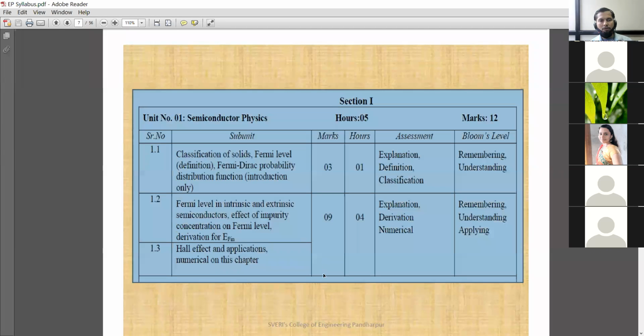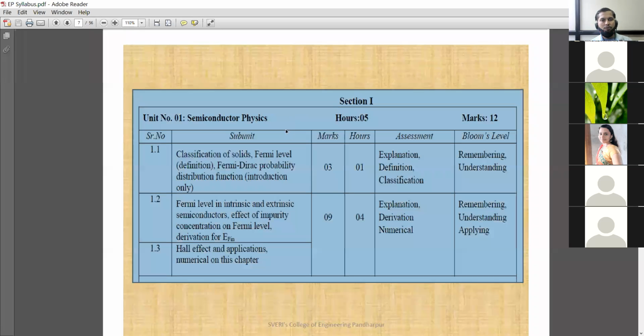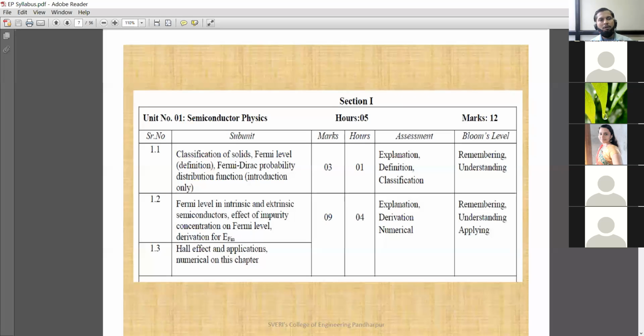So let us start discussing our syllabus points. The first unit or chapter is semiconductor physics. You can easily guess from its title that it is related to semiconductor material, but it is not only related to that.